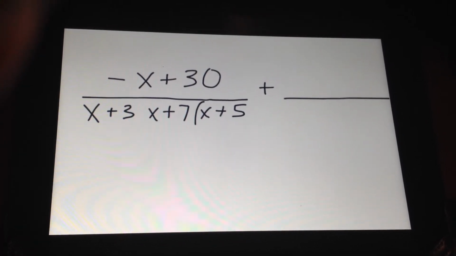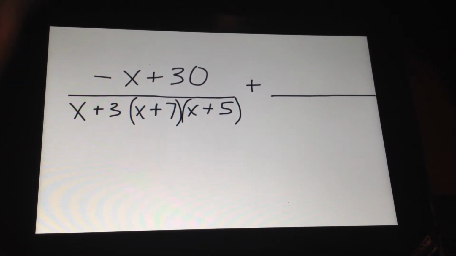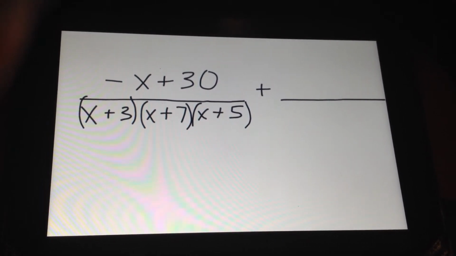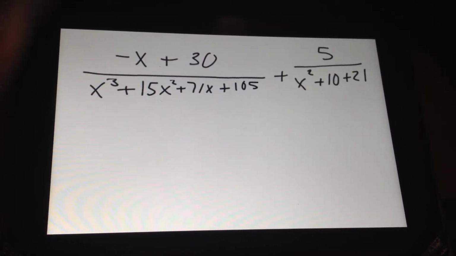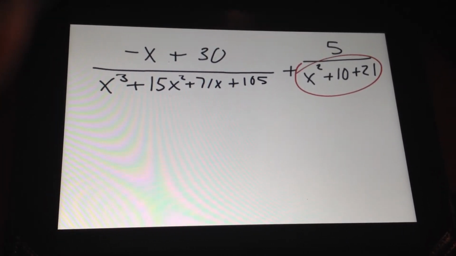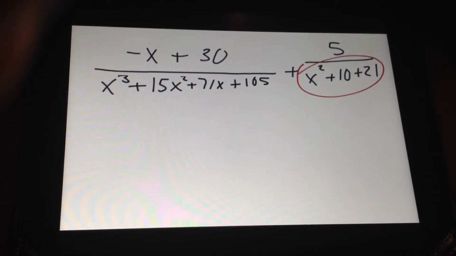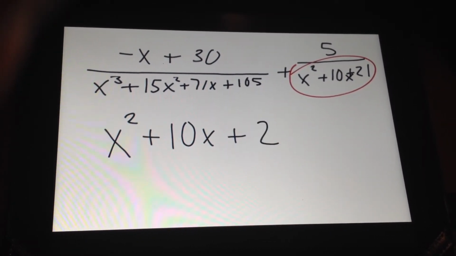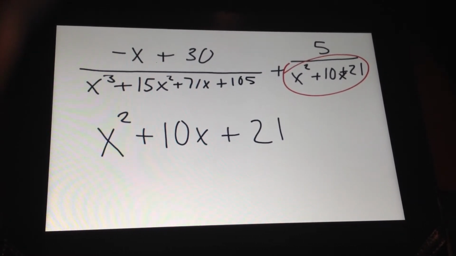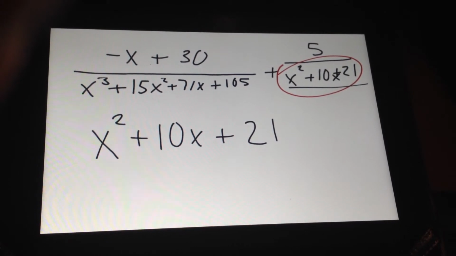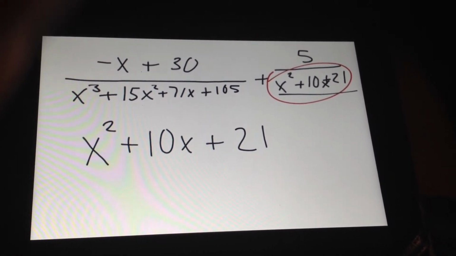Now let's factor out the bottom of the other function. So we have this one. So now we're going to take out this one. Alright, I'm just going to do it right here. Now I forgot to put the x right there. This was supposed to be x squared plus 10x plus 21. So that's what we have right here.